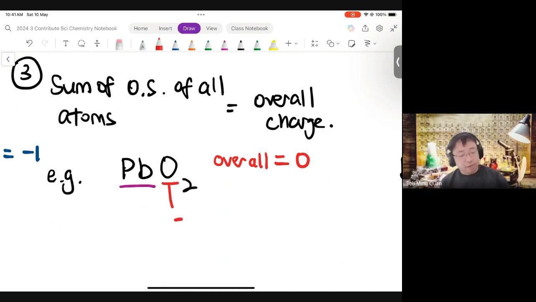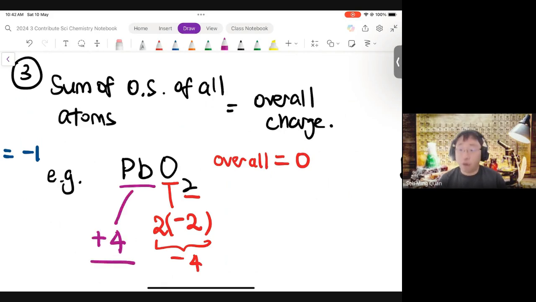Oxygen is -2. By definition, oxygen is usually -2 in its compounds, right? There are 2 oxygens here. If each oxygen is -2, 2 times -2 is -4, which automatically means Pb has an oxidation state of +4. Why +4?